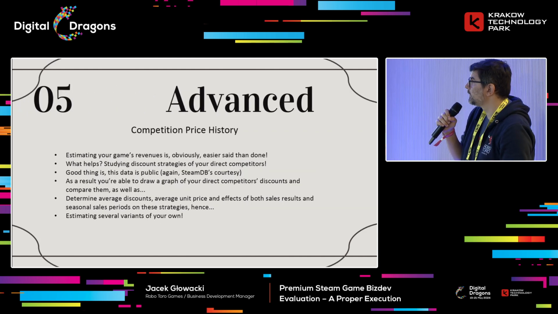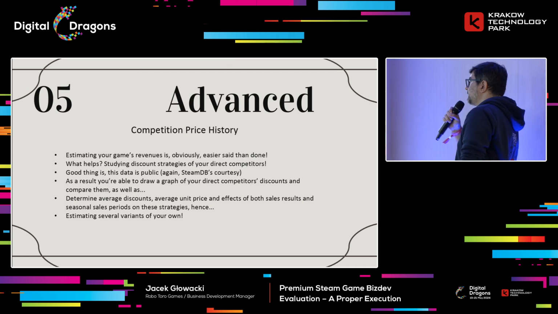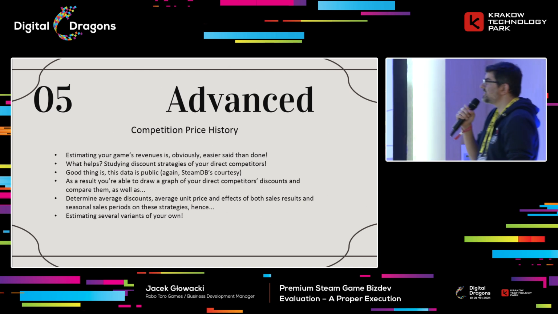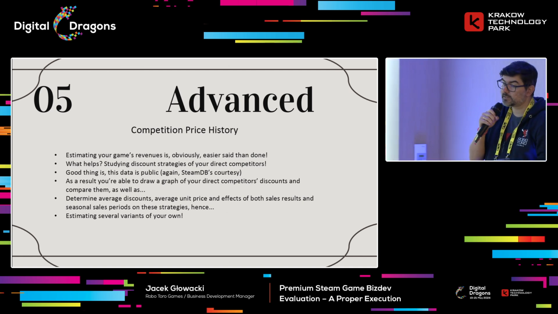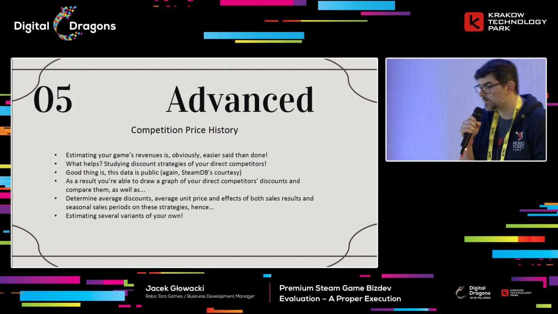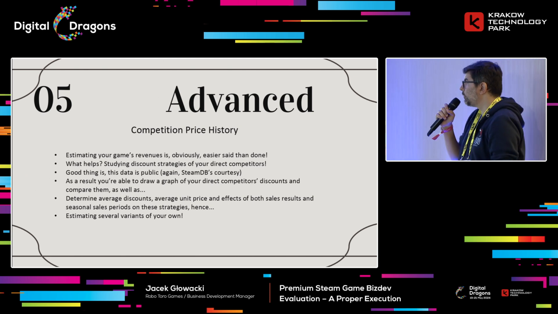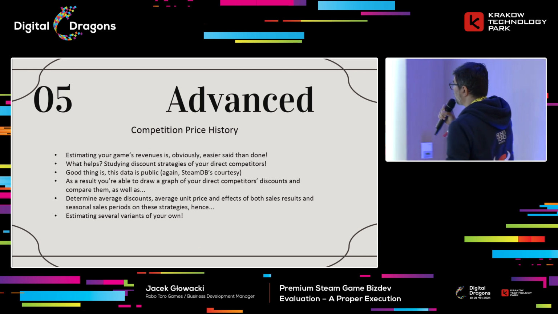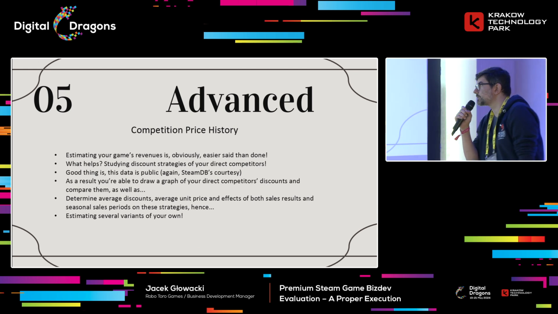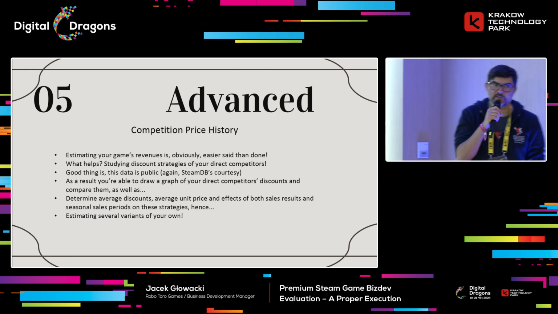Competition price history. Estimating your game's revenues is obviously easier said than done. Yes, that's true, because it's a big document and you have to consider a lot of factors, as you could see. So what helps? Studying discount strategies of your direct competitors. Good thing is, this data is public.